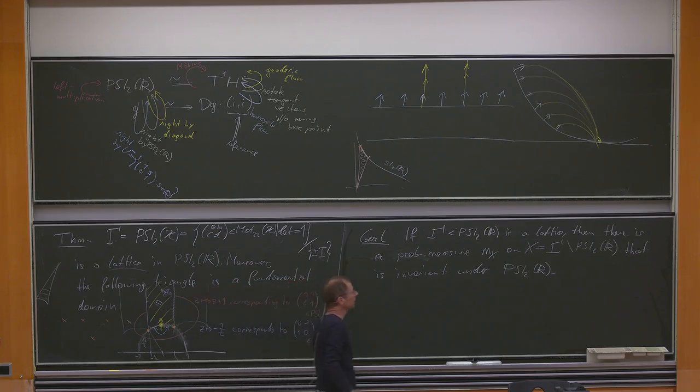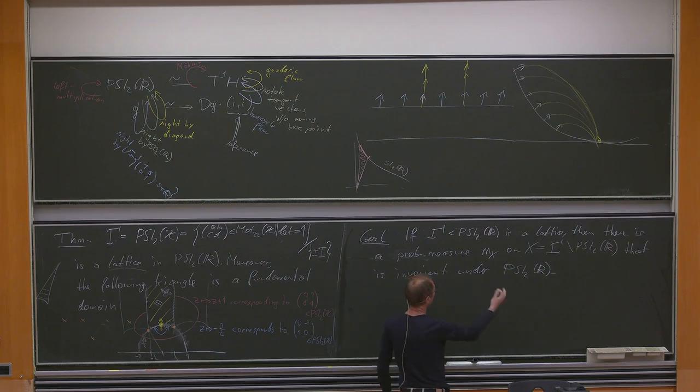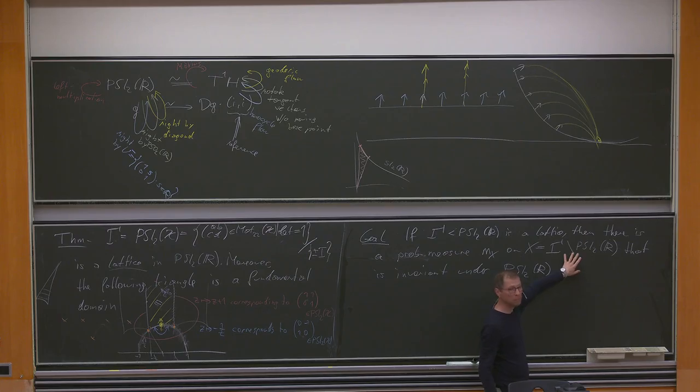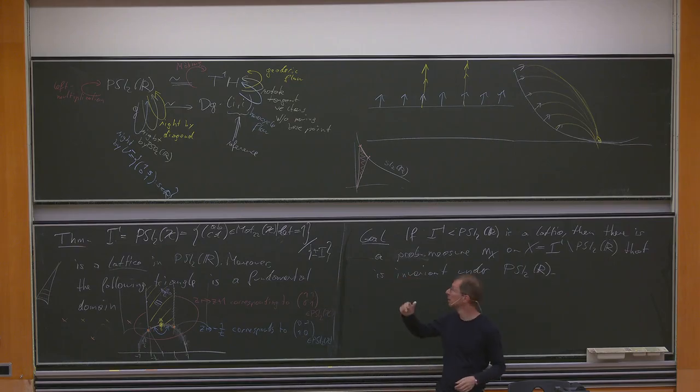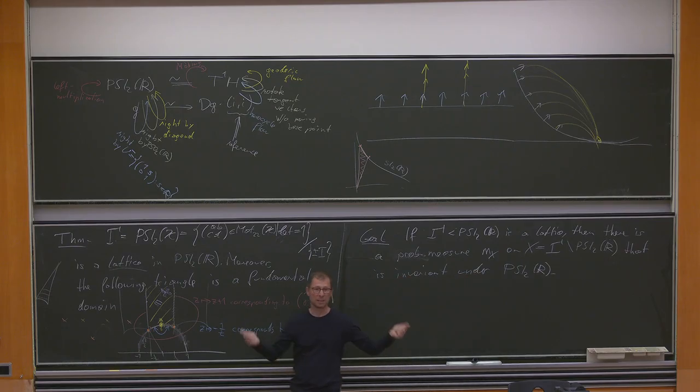Okay, and then we can try to answer things like, is this three-dimensional probability measure ergodic under the geodesic flow? Yes, it is. Is it ergodic under the horizontal flow? Yes, it is.